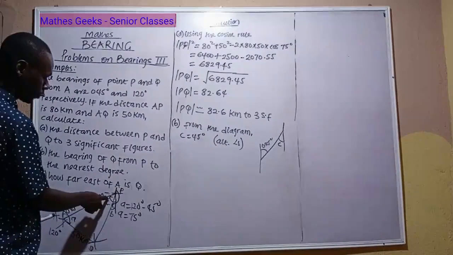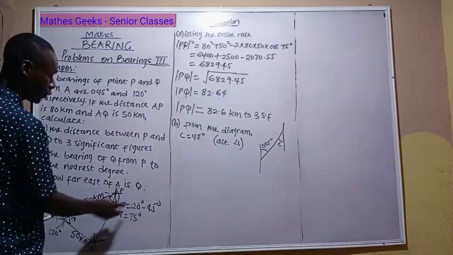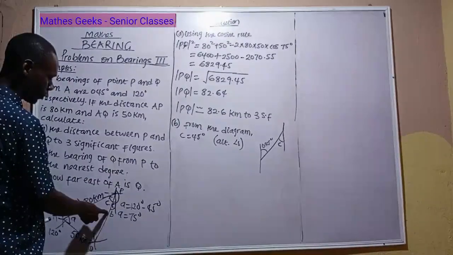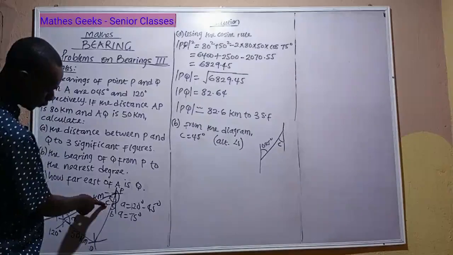If C, from the north to the south, is 45 degrees, then from the north to this line would be what?